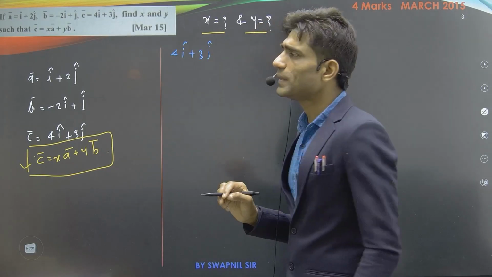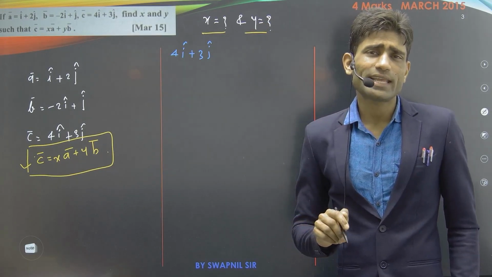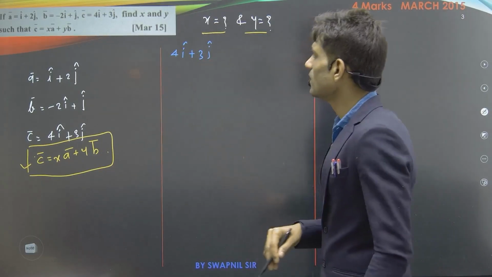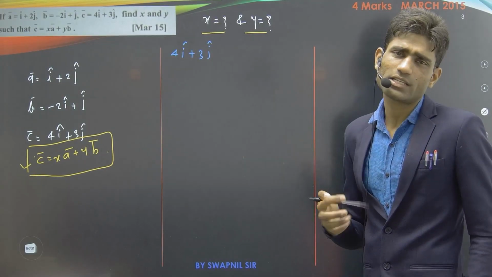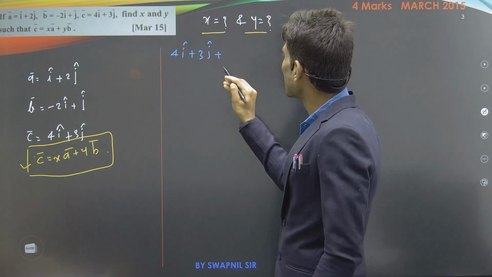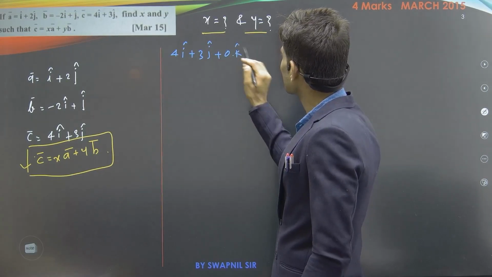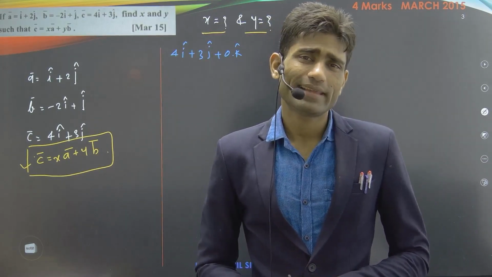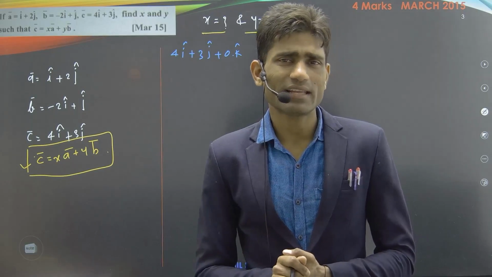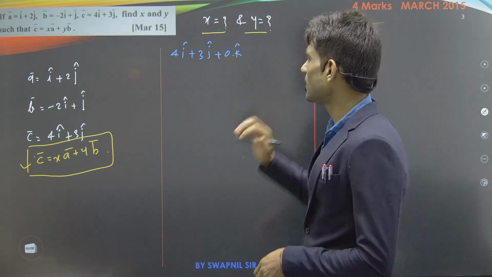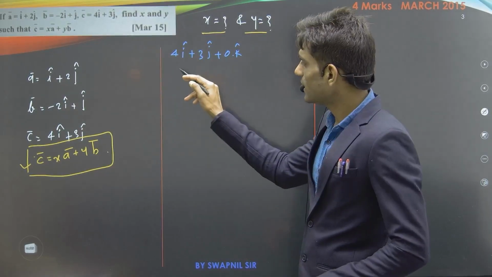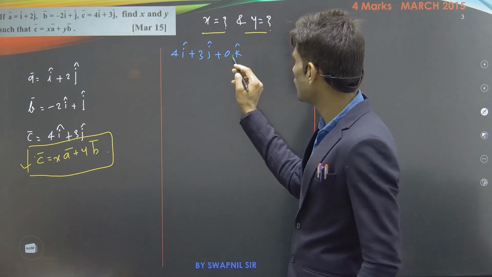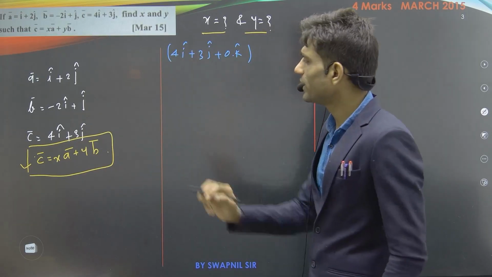We have I cap, j cap and k cap, but k cap is not present here, so we add 0 times k cap. Multiplying 0 by any number gives nothing, so it changes nothing. So C bar is 4 I cap plus 3 j cap plus 0 k cap.